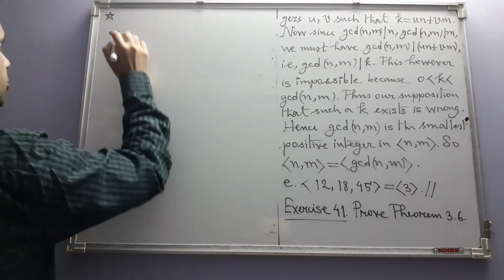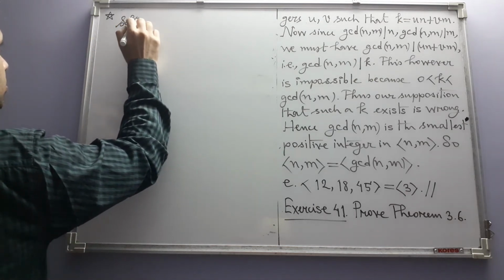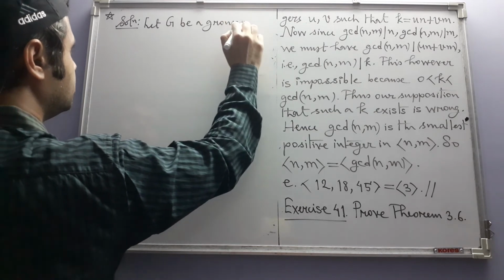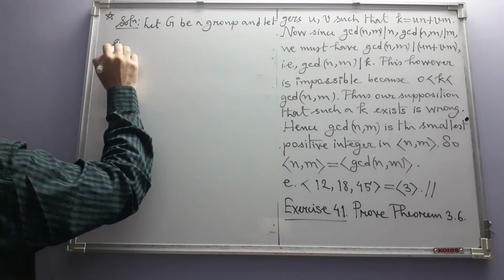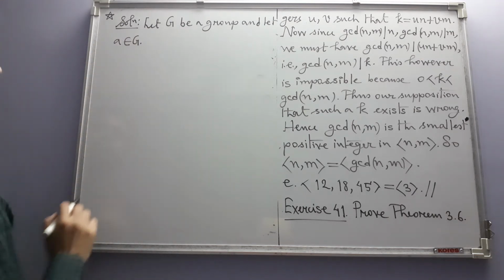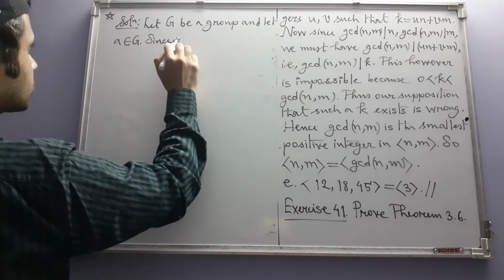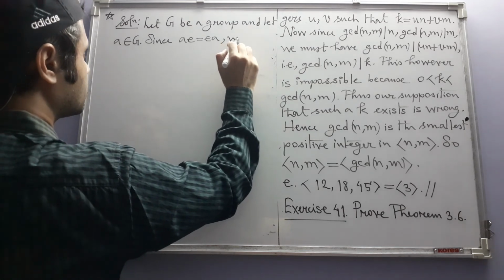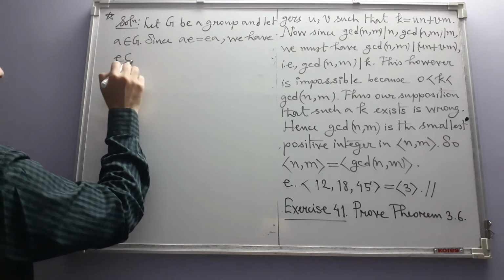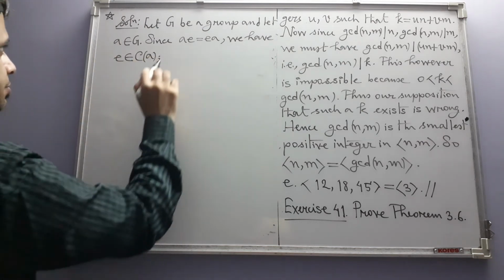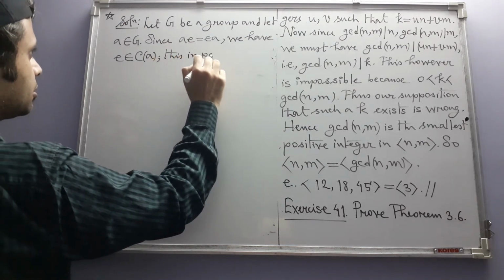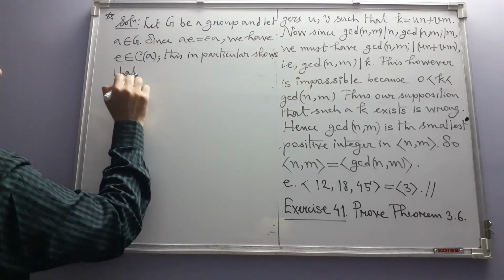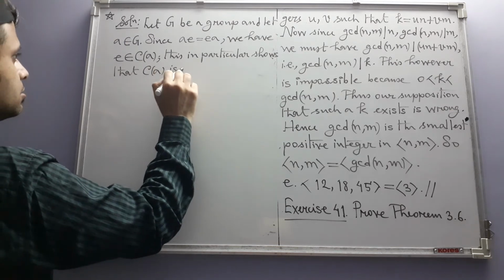Okay. So let us, excuse me, let G be a group and let A be some element in G. Since AE is equal to EA, where E of course is the identity in G, we have E belonging to the centralizer of A. This in particular shows that CA is non-empty.